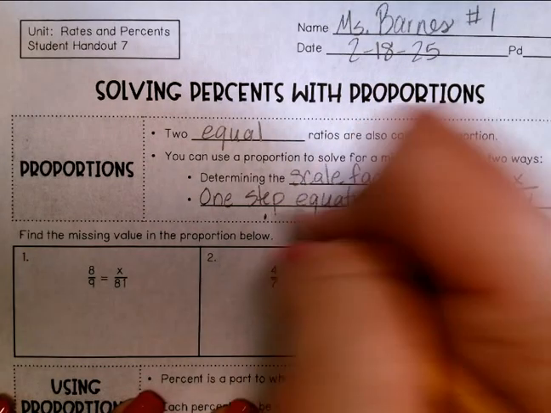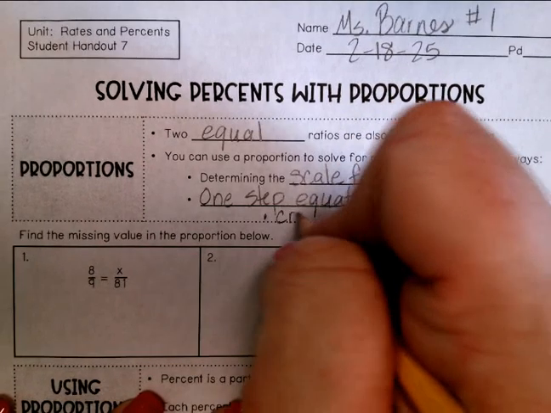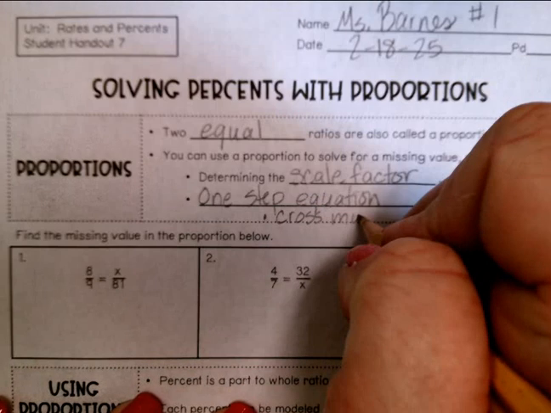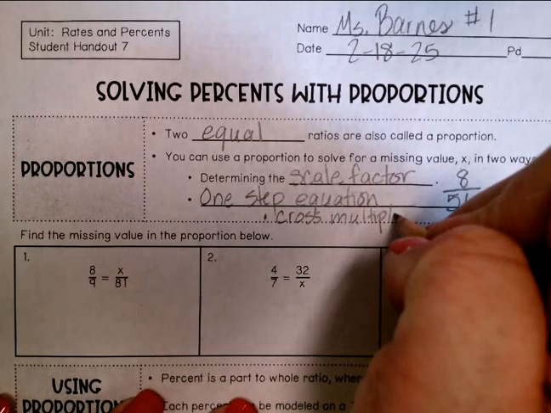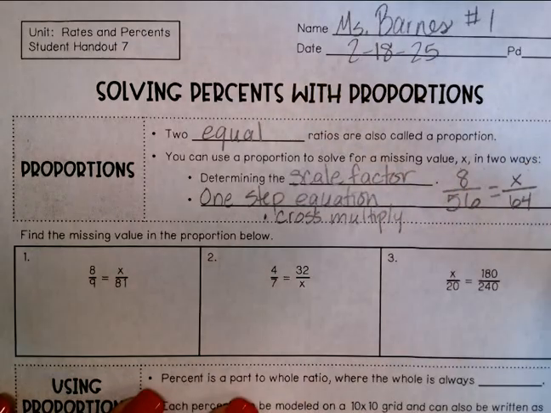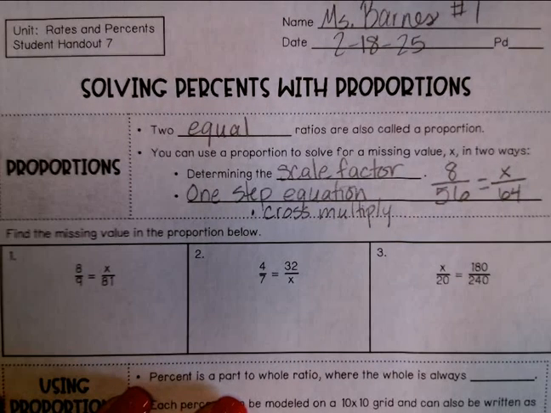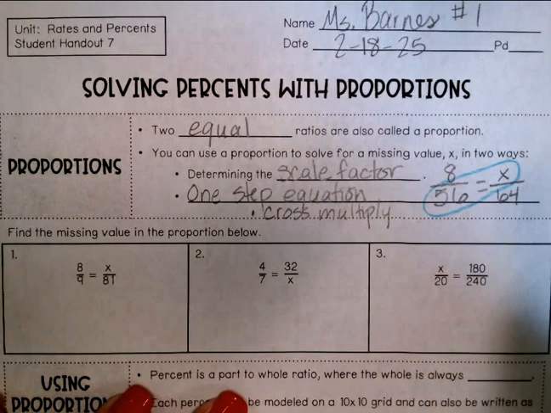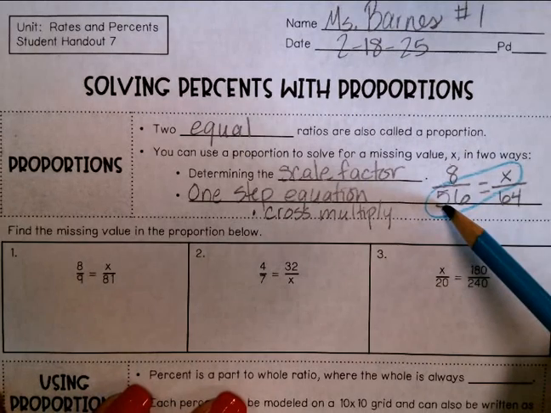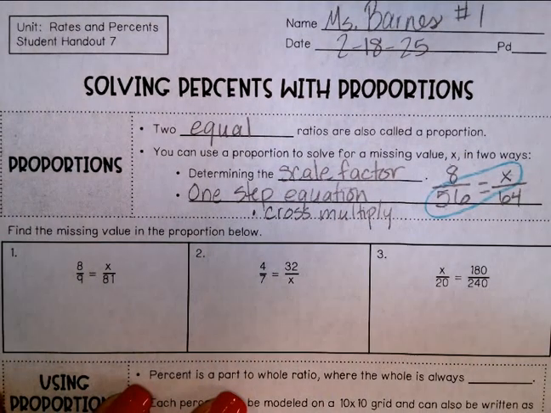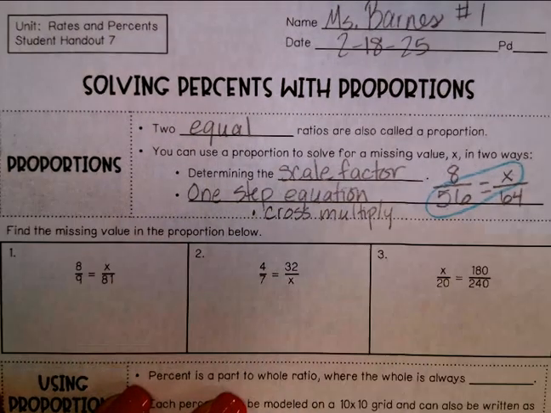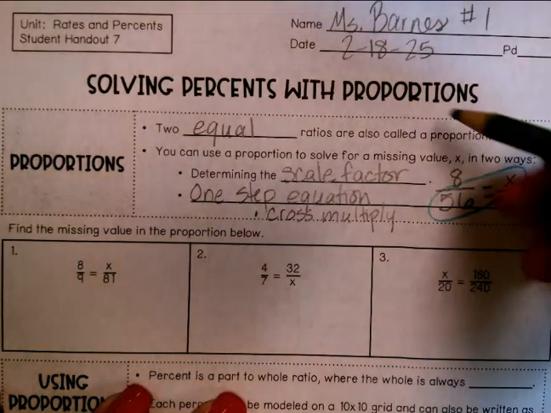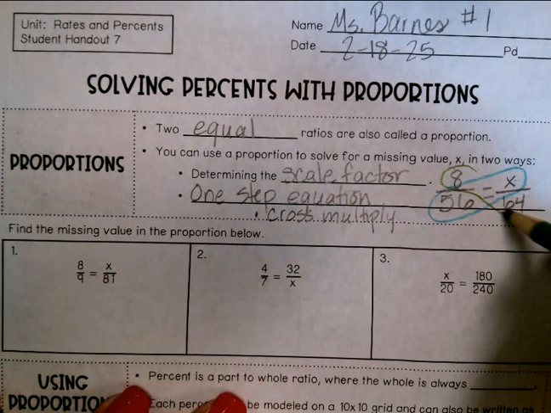The first step is you cross multiply. To cross multiply, I'm going to multiply the denominator of one ratio by the numerator of the other ratio, and then I do the same thing on the other side.